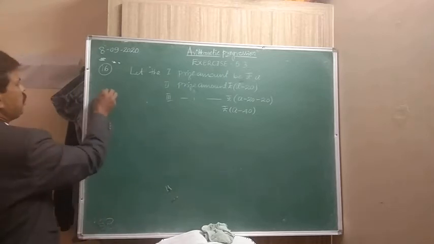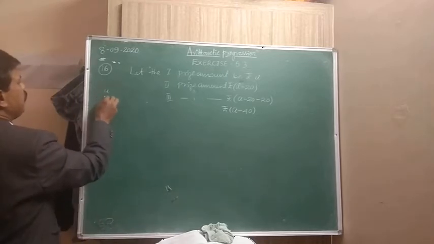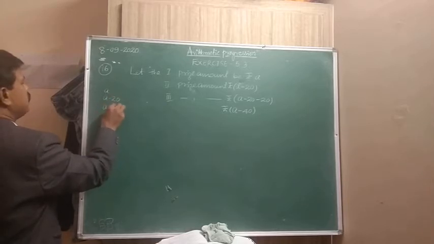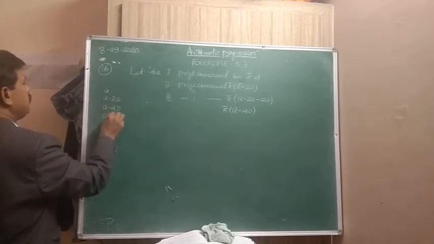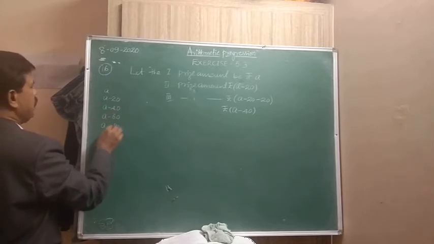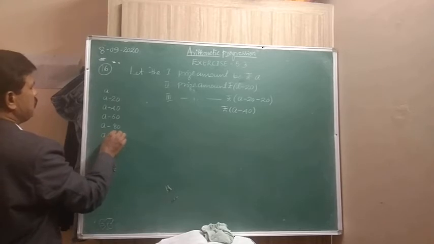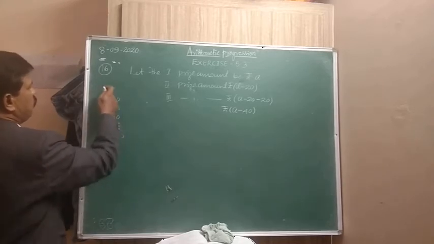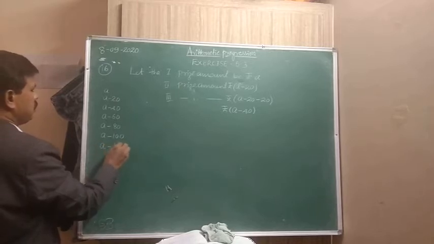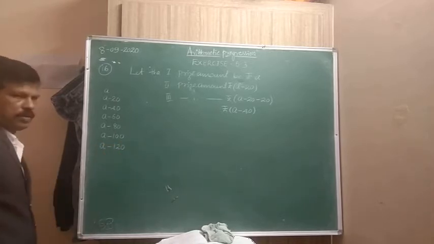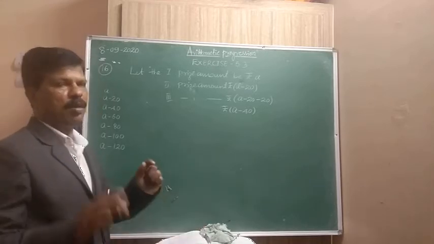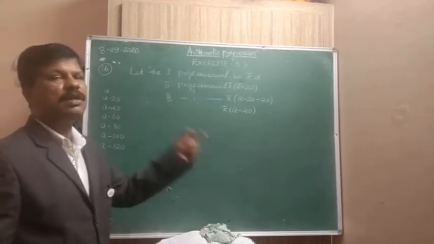Say for example, A, then A minus 20, A minus 40, A minus 60, A minus 80, and A minus 100. So 1, 2, 3, 4, 5, 6. Then A minus 120. See, I am just showing you what the amounts are, but we should use the formula.